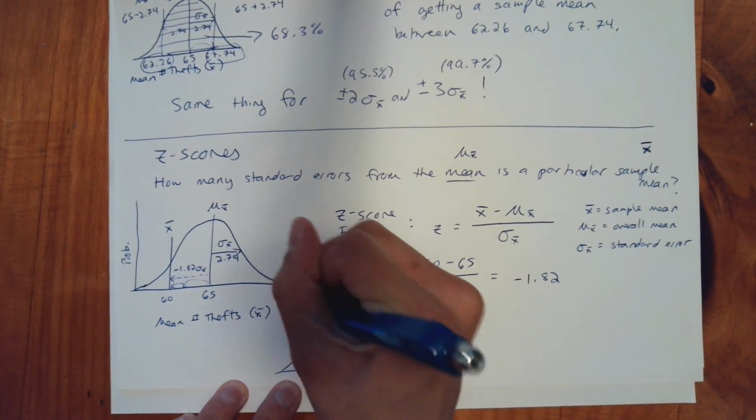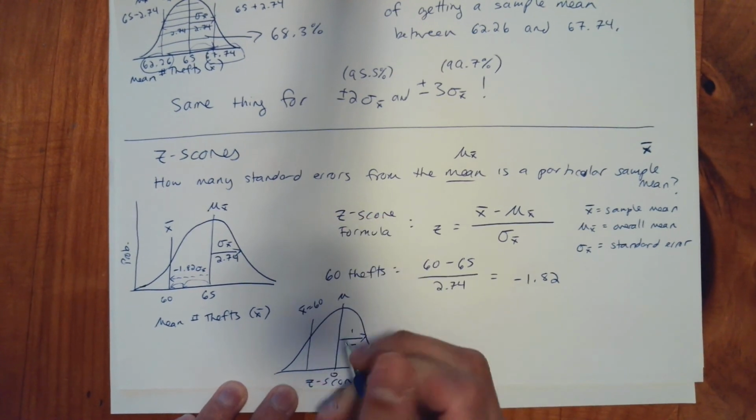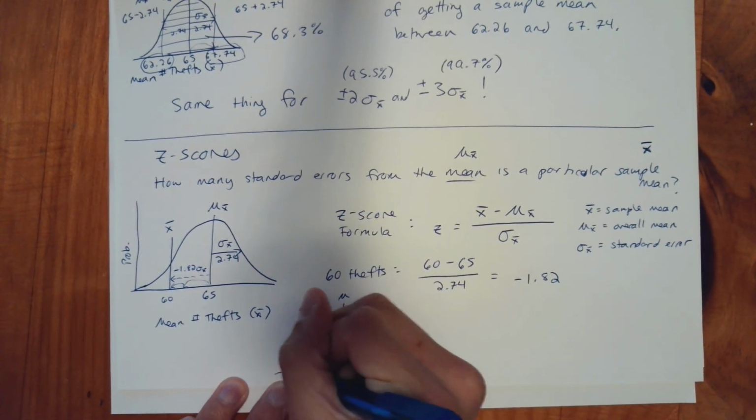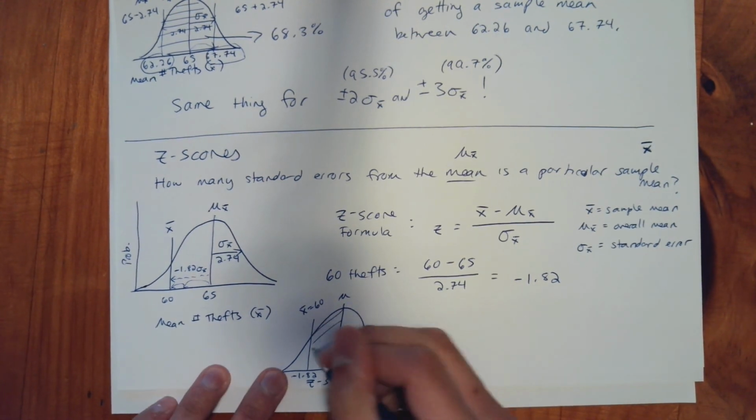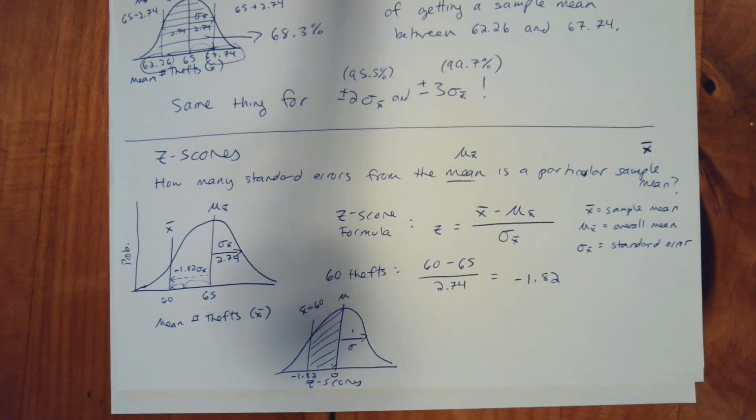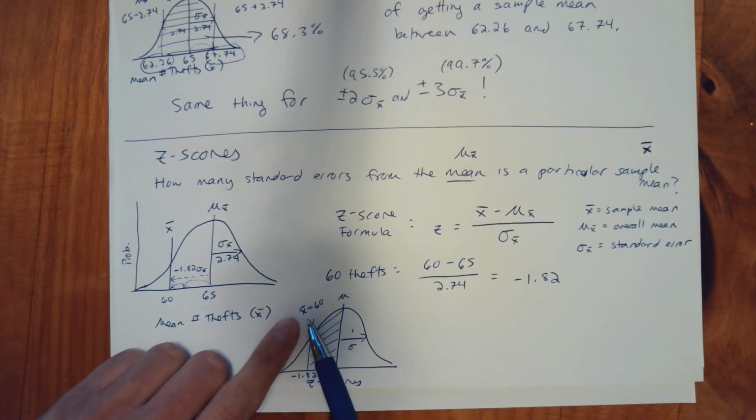So we can say x bar is equal to 60 is going to be at negative 1.82 z-scores on here. And so with this, you can also use the z-table, so we have a shaded area between this and the mean. And we can otherwise treat this exactly the same as a different standard normal distribution and do anything else you would do with it. Again, the only difference here is that what we're talking about is a possible sample mean that you could get rather than a possible value.